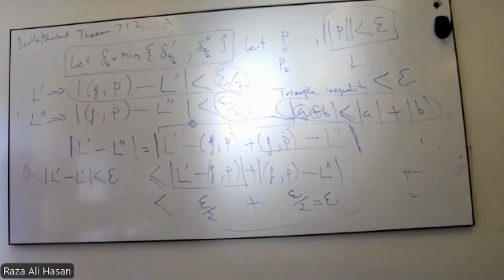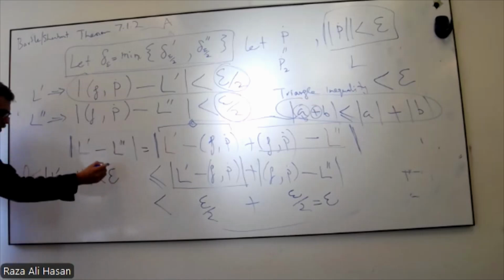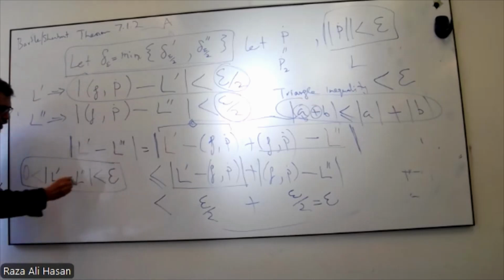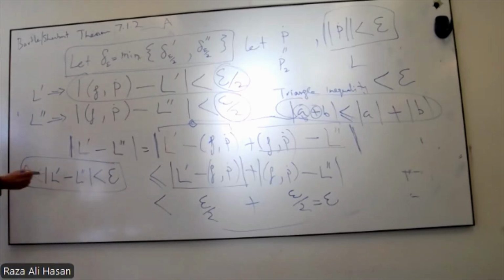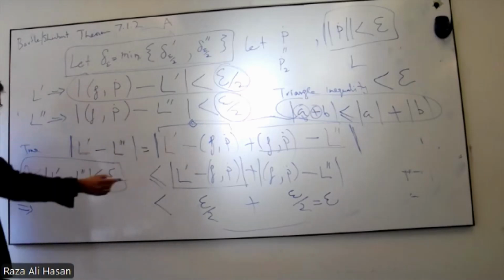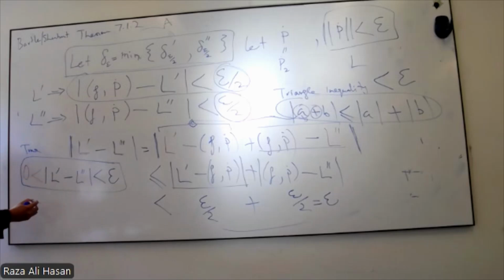When this situation happens, there is another theorem, theorem 219, which says that if this is true, which it is, we got to this stage, then in fact L1 minus L2 is actually equal to 0.